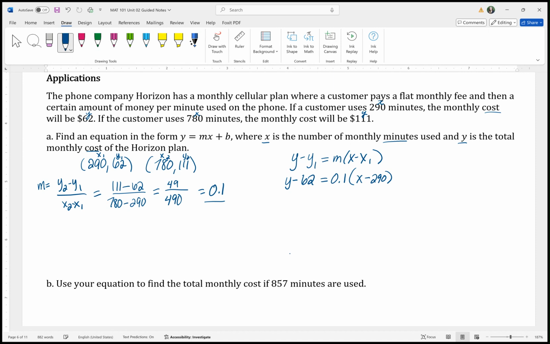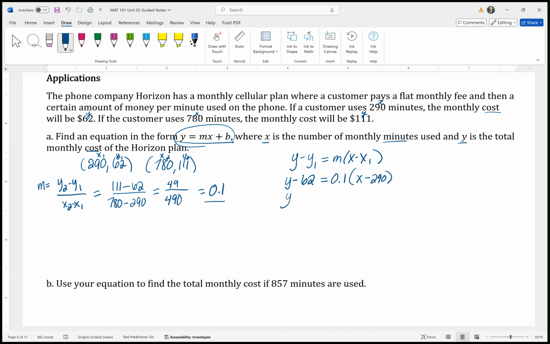Now we are going to simplify this, and again, our goal at this point is to put it in the y equals mx plus b format. You're not using this form in the problem; you are getting the answer in that format. So we need it to be in y equals format. That means I need to distribute on the right-hand side.